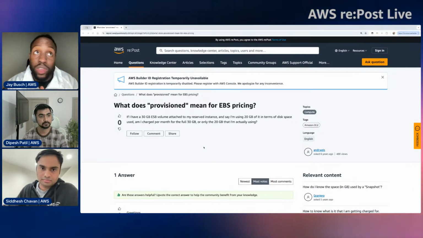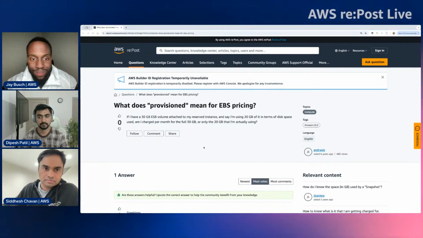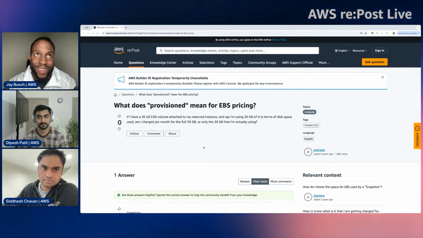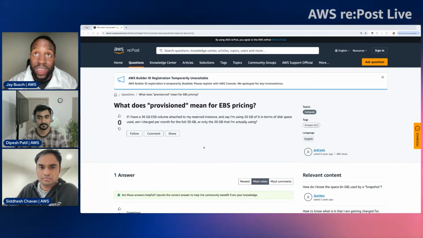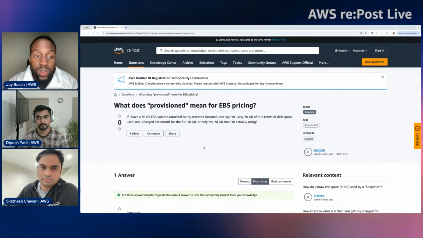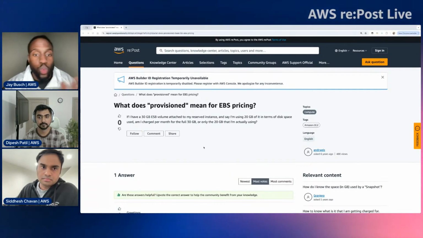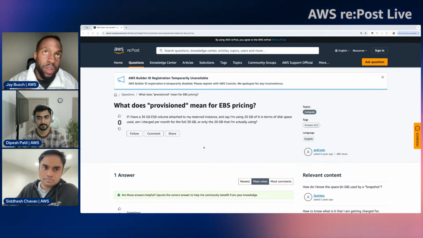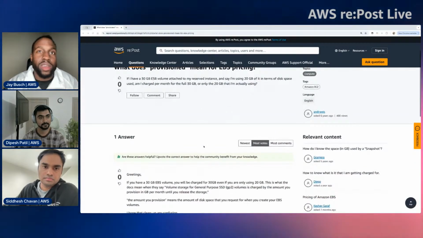The use case says I have a 30 GB volume with a reserved instance, only using about 20 GB of the 30 provisioned. So just curious what you actually pay for, the full 30 or the 20 that you're actually consuming. What do you guys think?